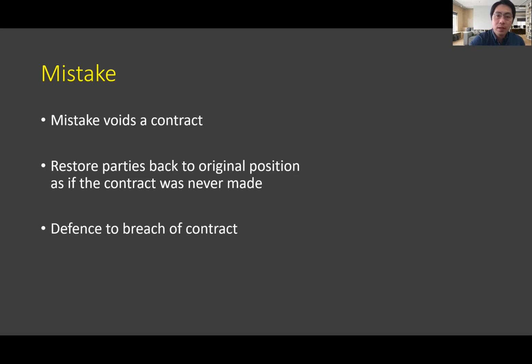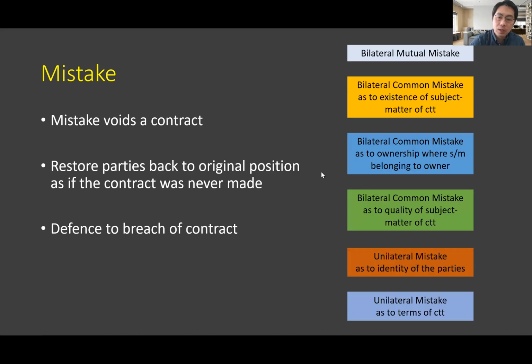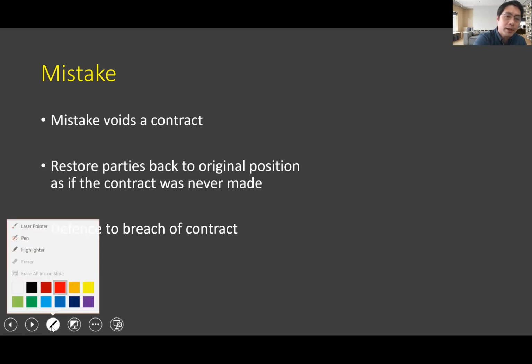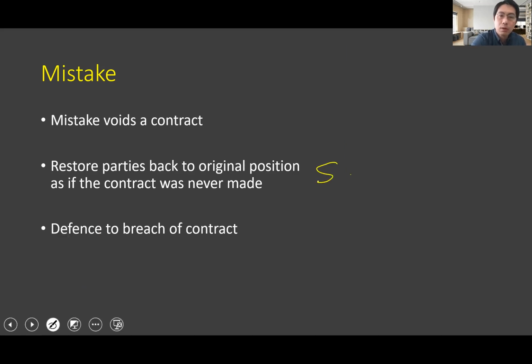For instance, here could be a case of a seller who might have sold goods to a buyer, and the seller discovers that he has made that sale and had wrongly put up the price. Maybe the goods could cost $10,000, but by mistake he has put it at $1,000. But that particular buyer might have already placed an order for the goods.